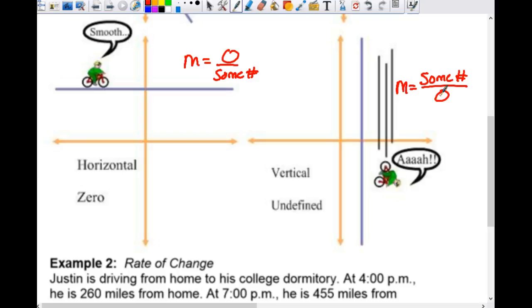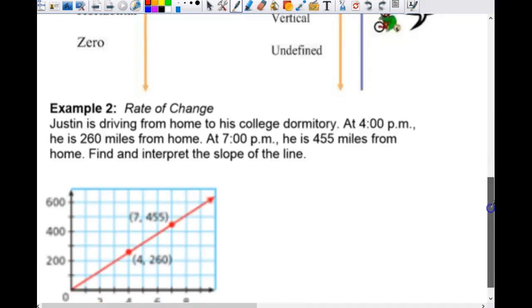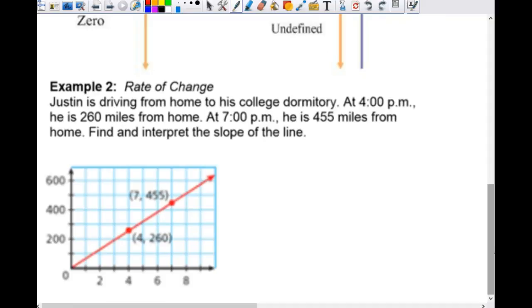You're doing good. All right, I actually really like this problem. Justin is driving from home to his college dormitory. I hope he makes it just in time. Bruh. Really? That joke was hilarious. Okay, let me repeat that joke. Valeria, why aren't you paying attention?